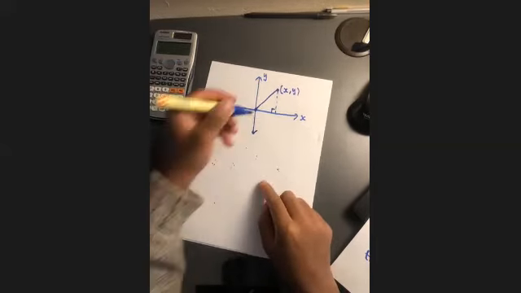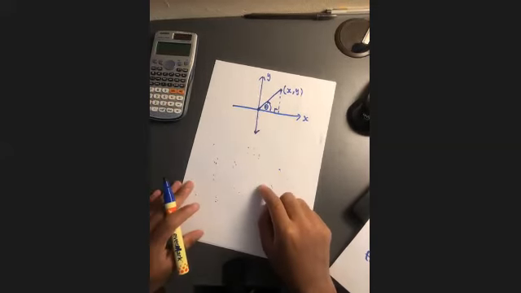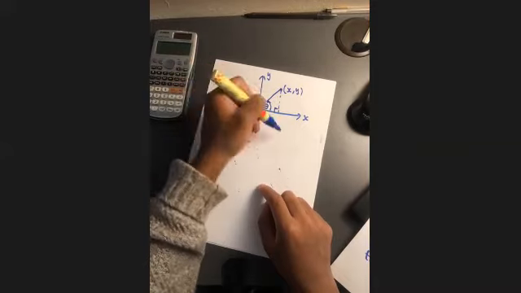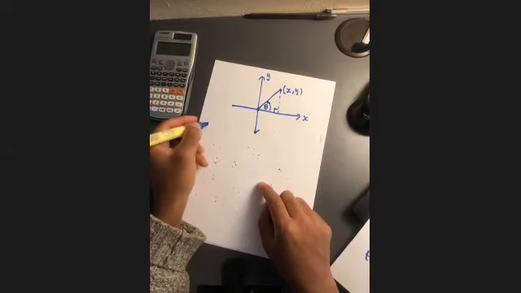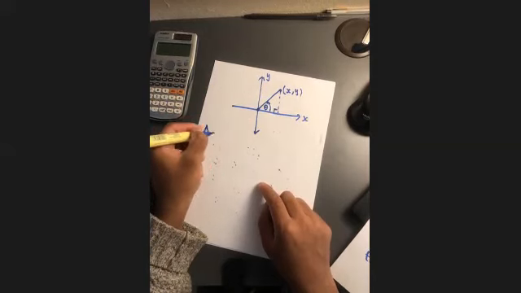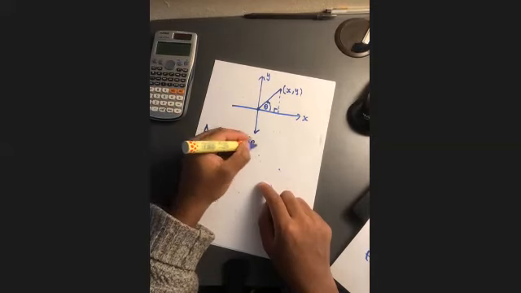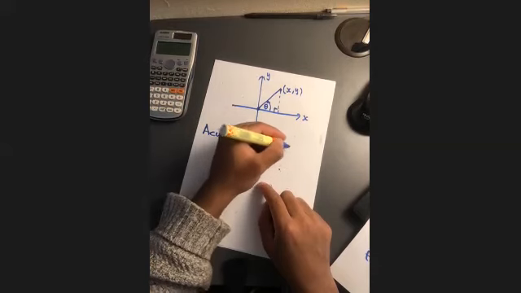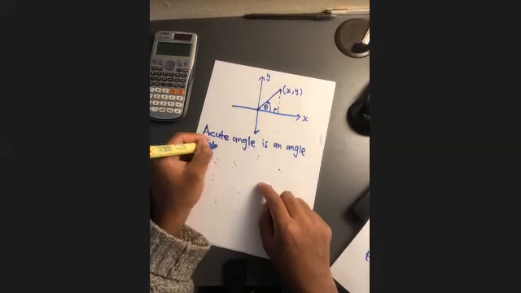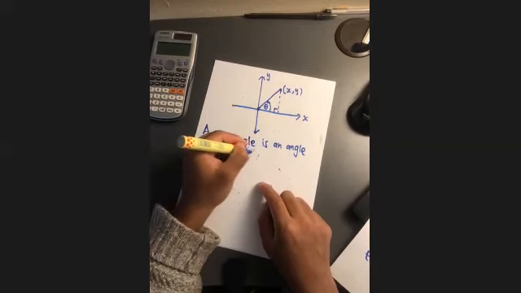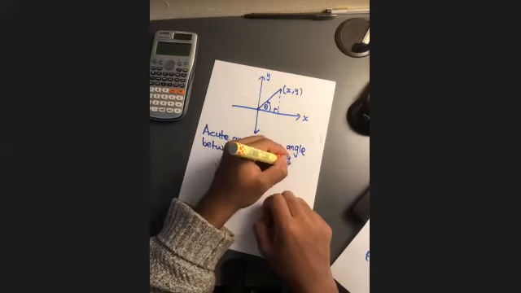So now we have our angle theta here. Let's call it theta, which is an acute angle. For the sake of understanding, an acute angle is an angle between 0 degrees and 90 degrees.